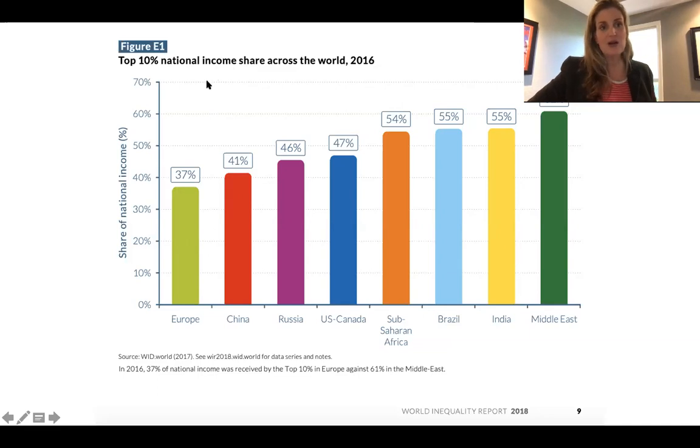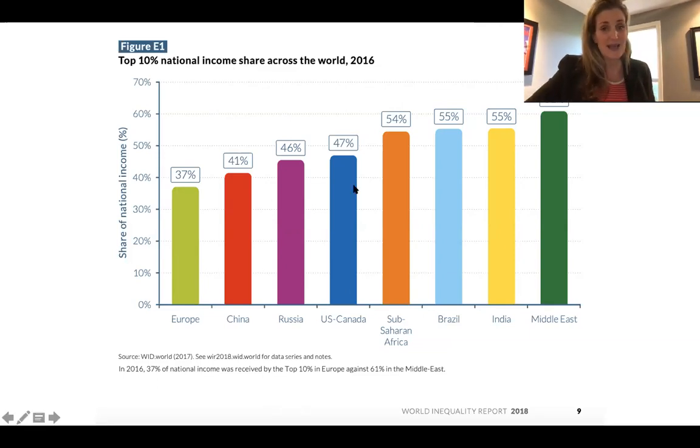In China, the top 10% of earners have 41%, nearly half. 46% for Russia. We're going to be looking at how the introduction of capitalist reforms has fueled the growth of inequality, as you would imagine, in Russia, transitioning from a communist to a capitalist government.